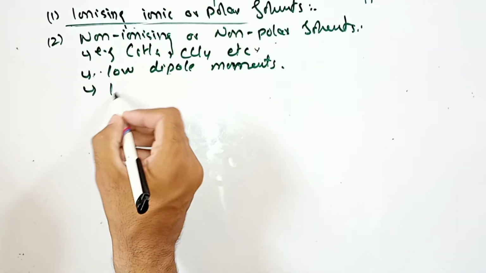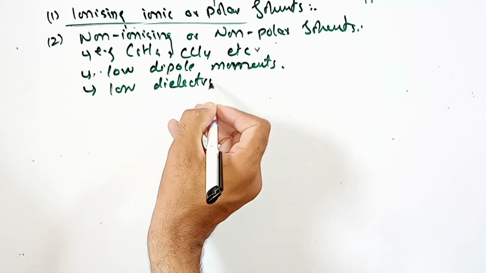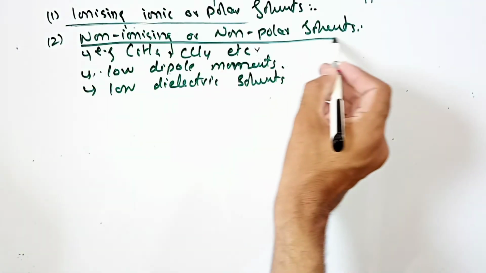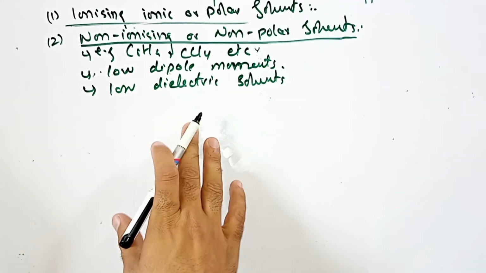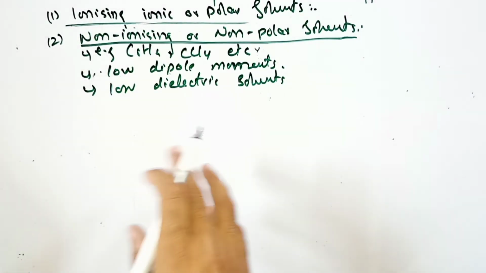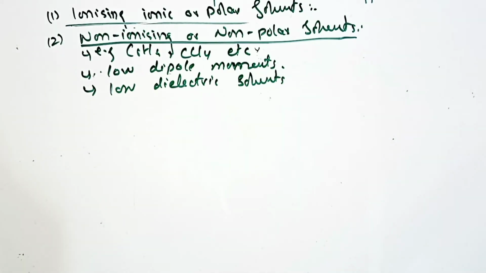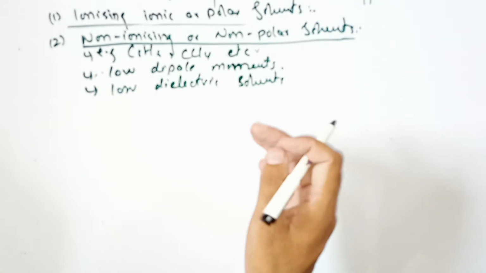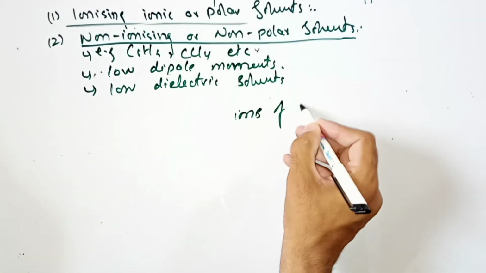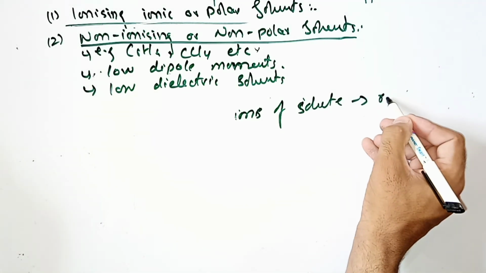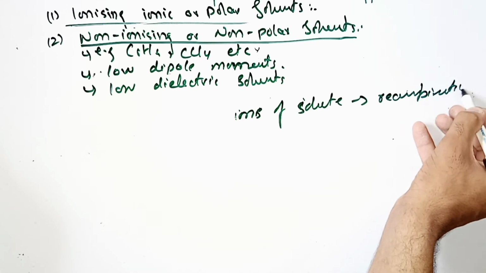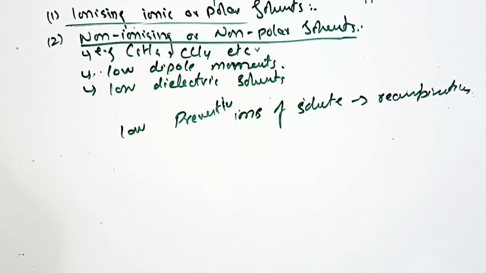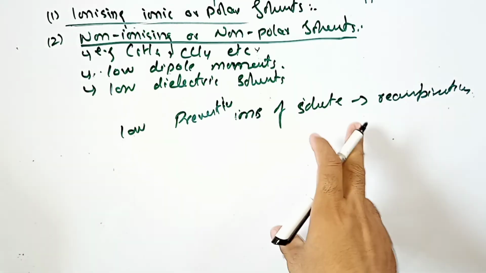Also, it will have a low dielectric constant. Low dielectric constant means that all those solvents that are non-polar in nature will have less capacity to prevent the ions of the solute from recombination in the solution.